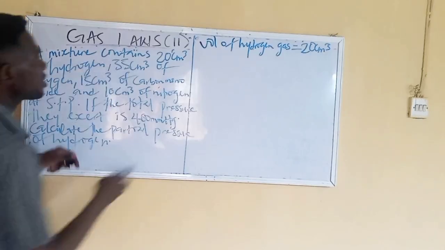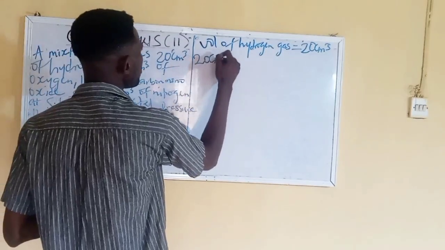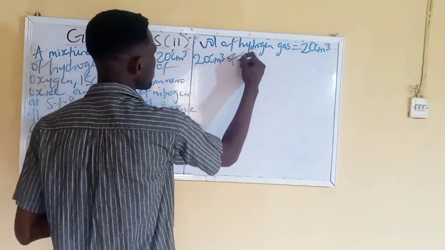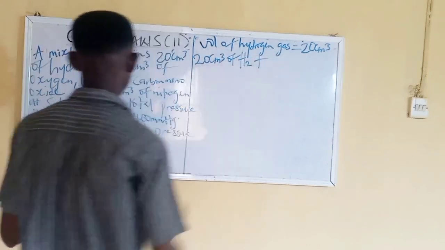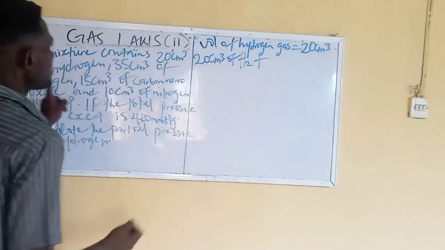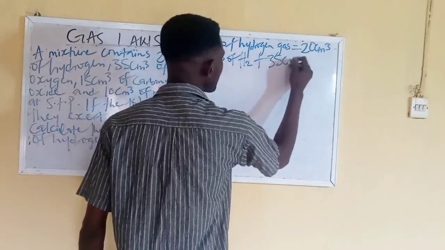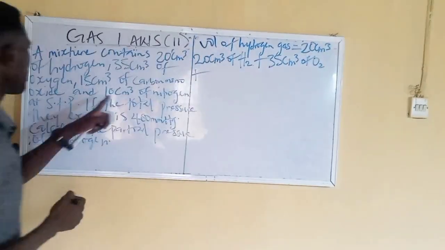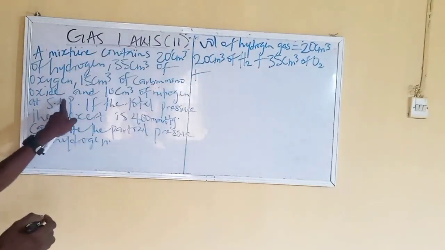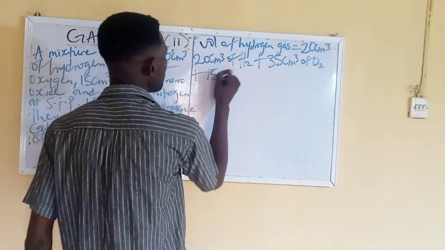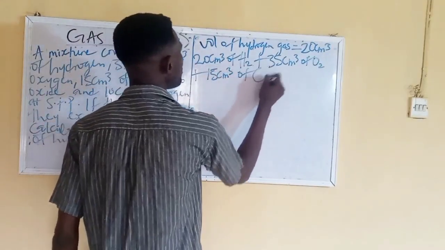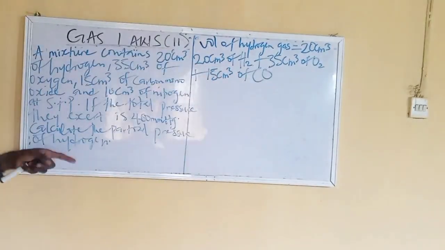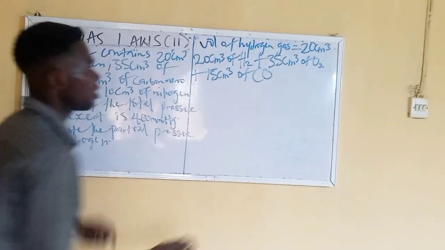We have 20 centimeter cube of hydrogen plus 35 centimeter cube of oxygen plus 15 centimeter cube of CO plus 10 centimeter cube of nitrogen.